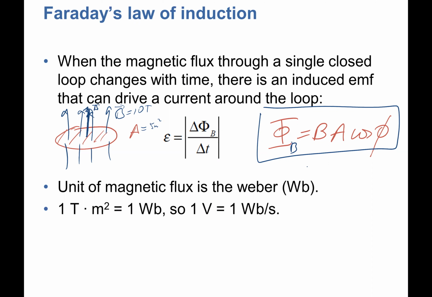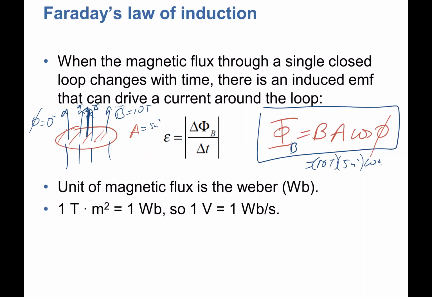So in this case, I can calculate this to be the same thing: 10 Tesla times 5 meters square. And hopefully, if I'm asking you right now what is the phi for the flux equation, if you think about it a little bit, you should be able to see that this is 0 degrees, because the magnetic field and area vector are parallel to one another.